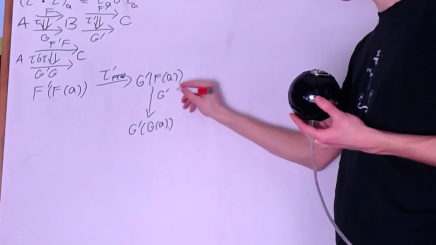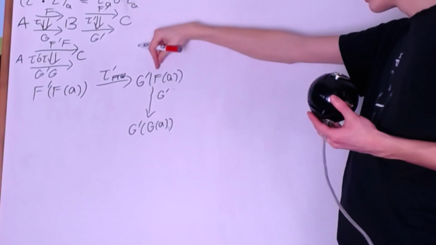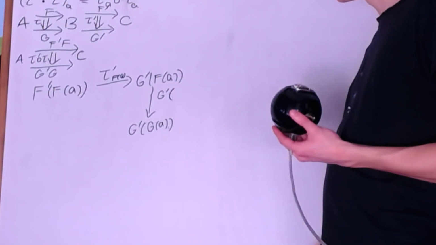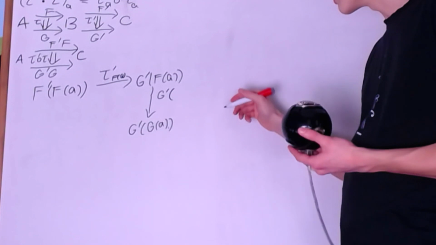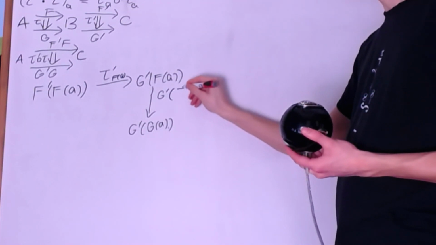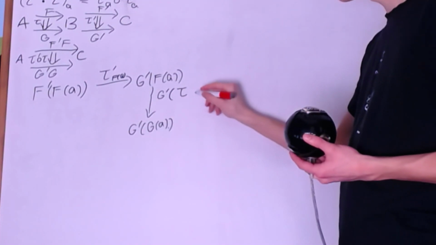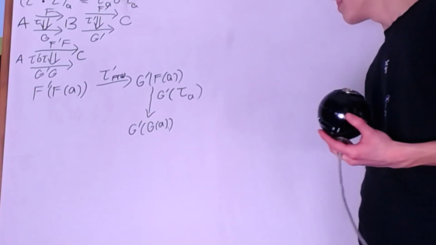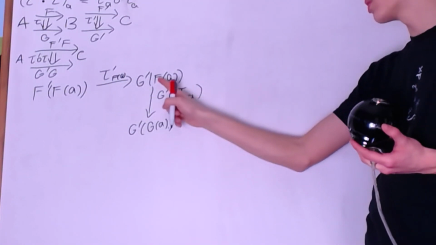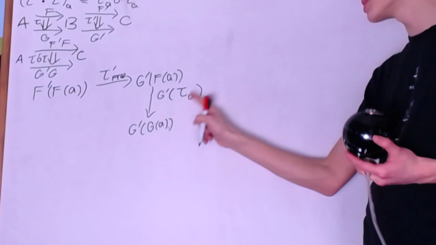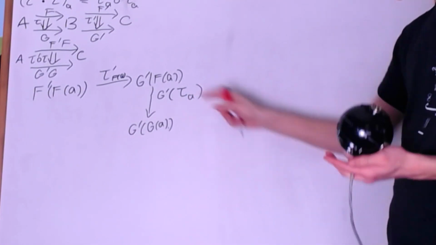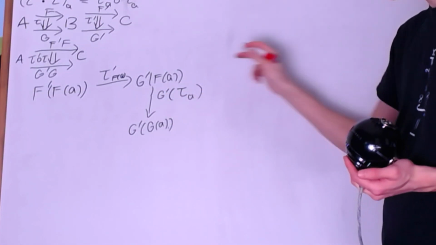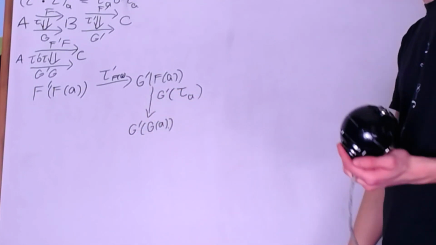So I do g prime, but now I want to convert the inside of the g prime to what I want it to be. So I can do g prime of tau at A, because tau at A will convert f to g and keeps the input A the same. And then the g prime on the outside just keeps the outside the same.